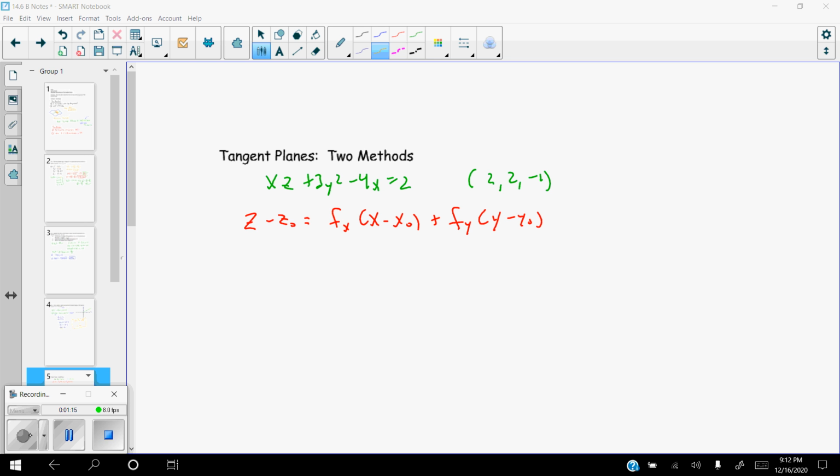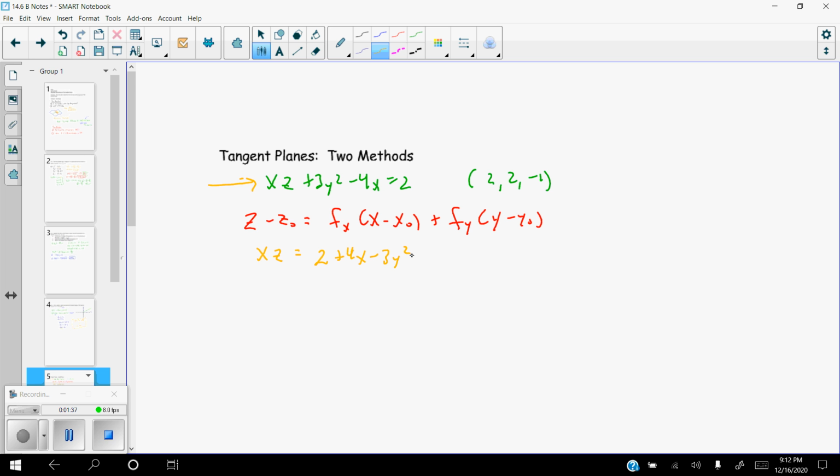In order to do this, I'm going to have to solve this equation for z. So we get xz equals, I'm going to add the 4x and subtract the 3y squared, so 2 plus 4x minus 3y squared.